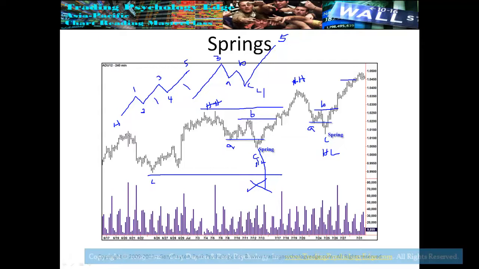Now this is the Aussie dollar. This is the September contract on a 4-hour chart, and a lot of currency traders use the 4-hour. It's a good currency-based type chart, and you can see that. Just take a look at this period of time, from mid-June to end of July. We have 2 beautiful springs, just gorgeous.